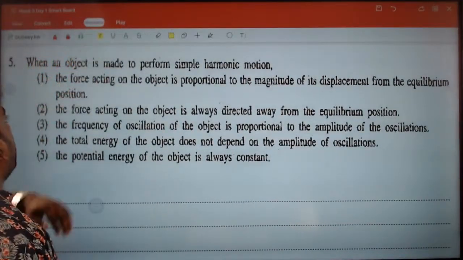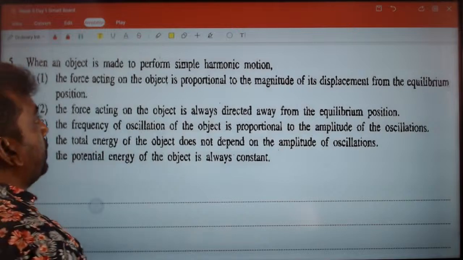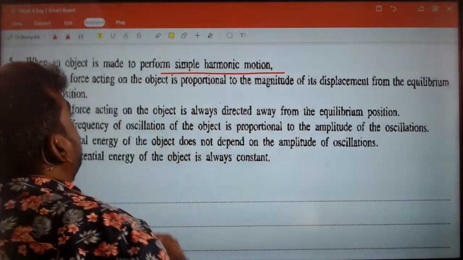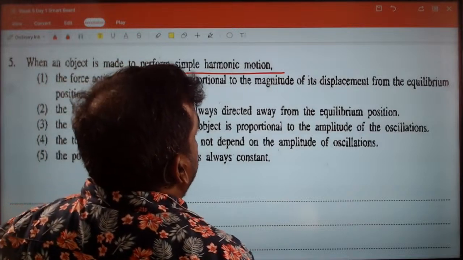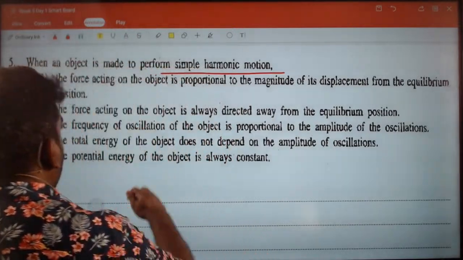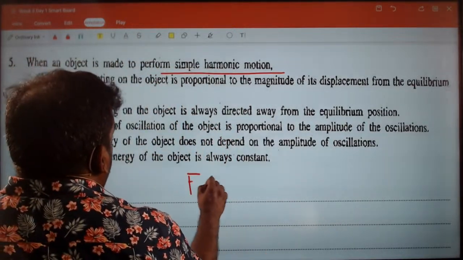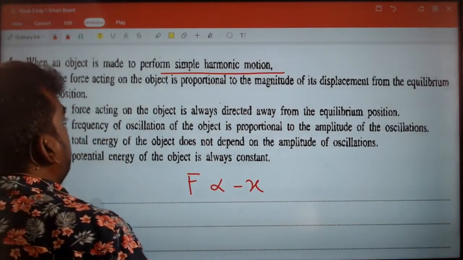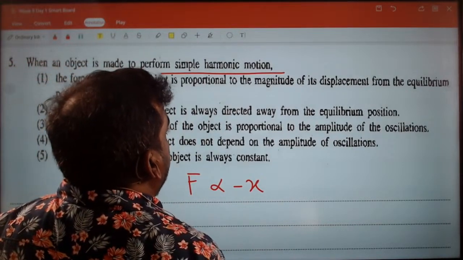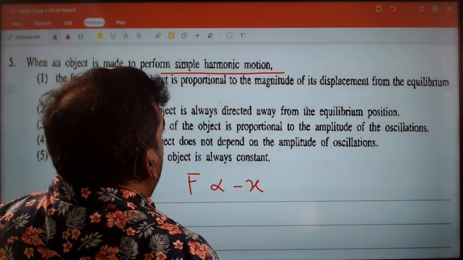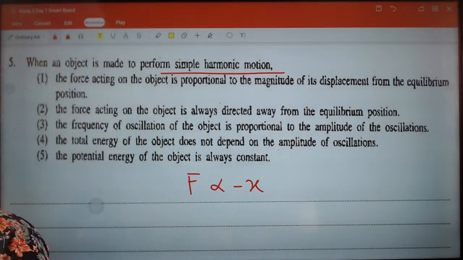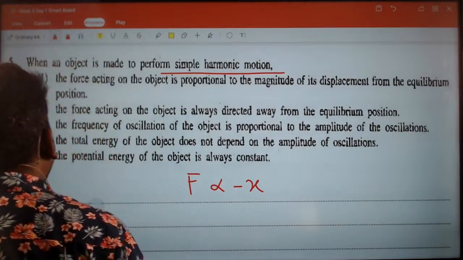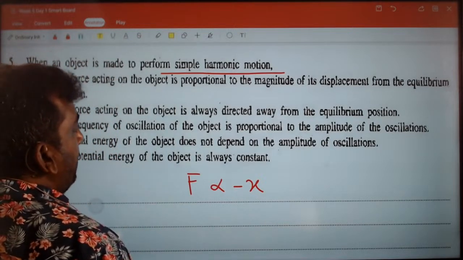Okay. When an object is made to perform simple harmonic motion, the force acting on the object is proportional to the magnitude of displacement from the equilibrium position. So what's the rule? F is proportional to minus x. Force acting on the object is always directed away from the equilibrium position. Frequency of oscillation of the object is proportional to the amplitude of the oscillations. Total energy of the object does not depend on the amplitude.